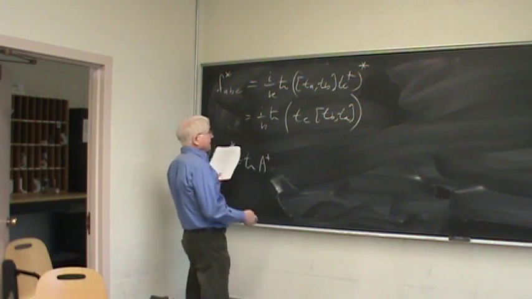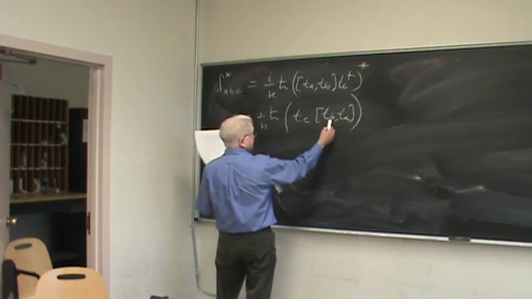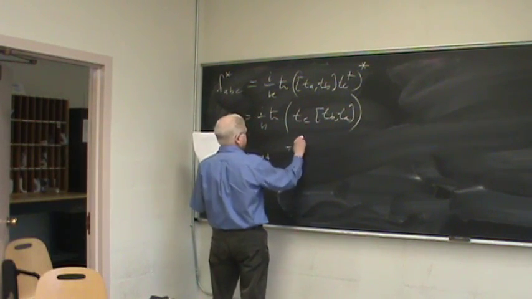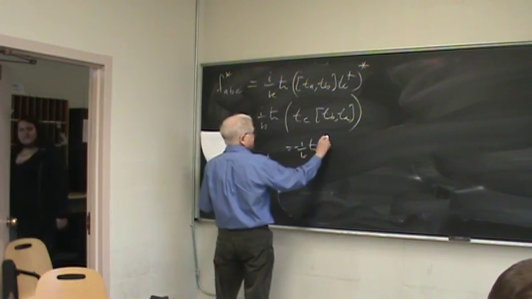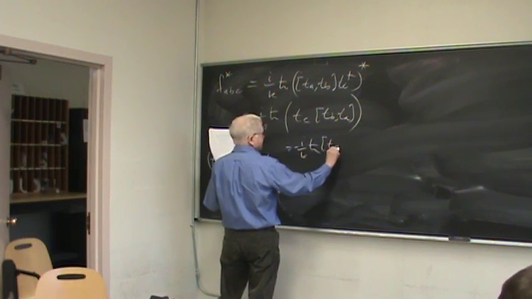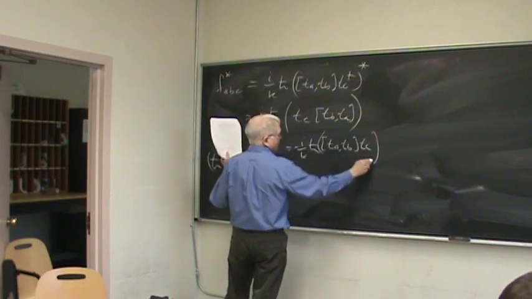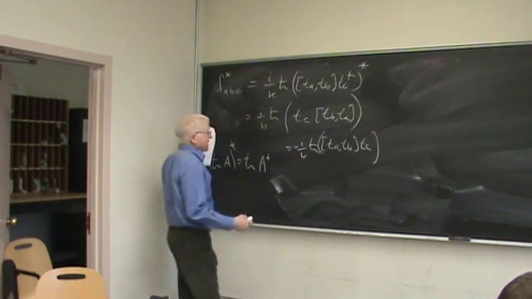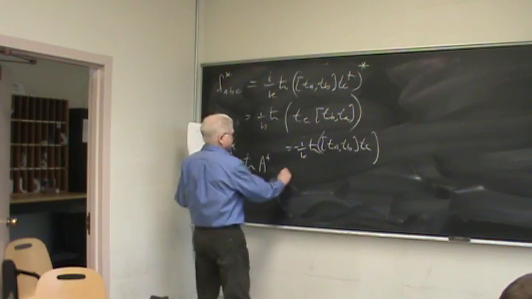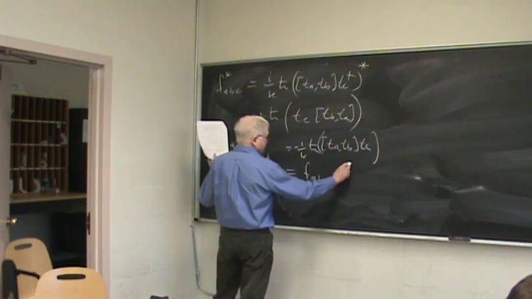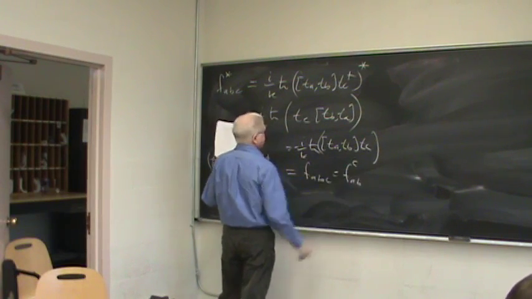Now we get a minus sign out of here. The trace is cyclic, and so this is minus i over k trace of T_A T_B T_C. And if we want, we can put a dagger there because it doesn't matter, the thing is Hermitian. And so this is also F_ABC.